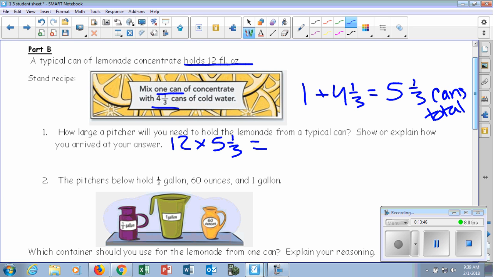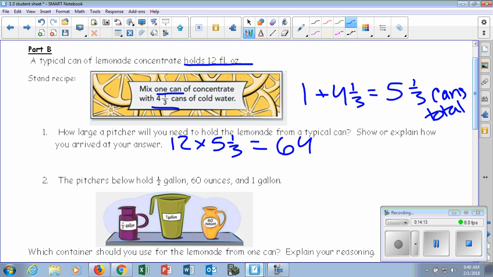Can we convert it so we can get rid of that 1/3 so we can get a whole number now? 64. How did you get that? What did you do? Divided by 30? Oh, divided by 3. Okay.